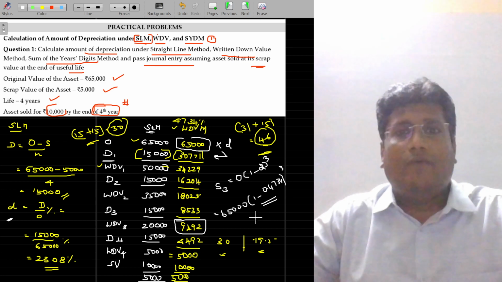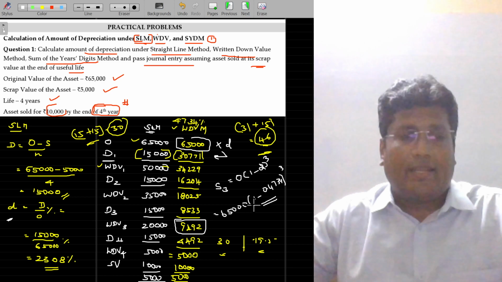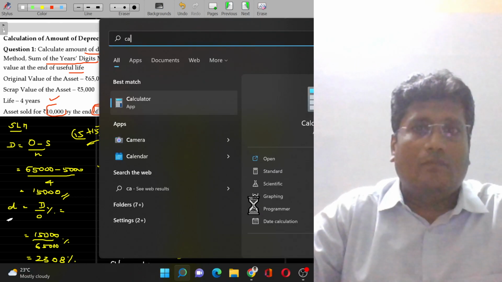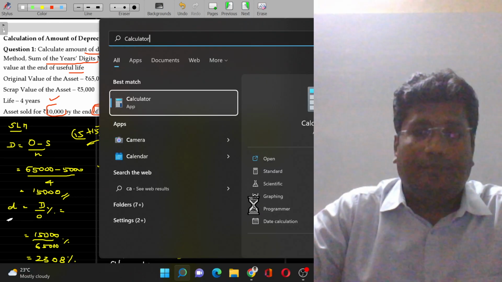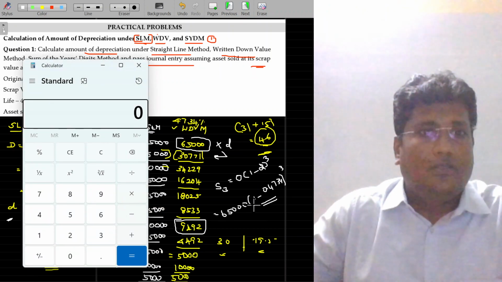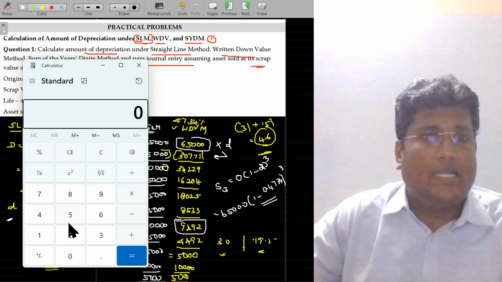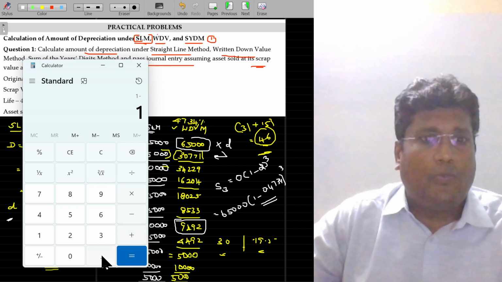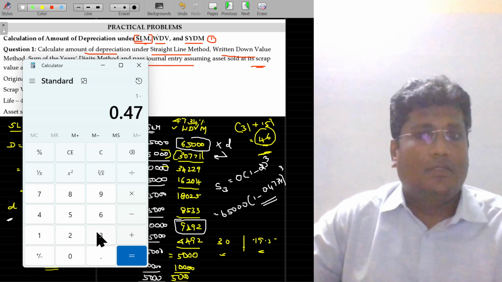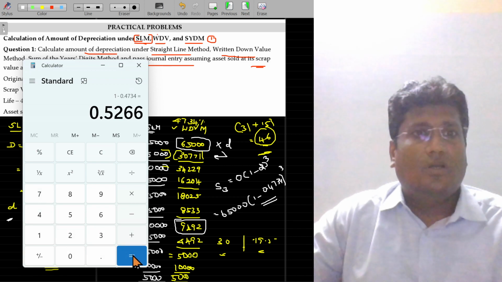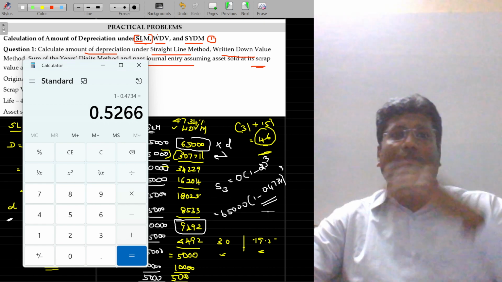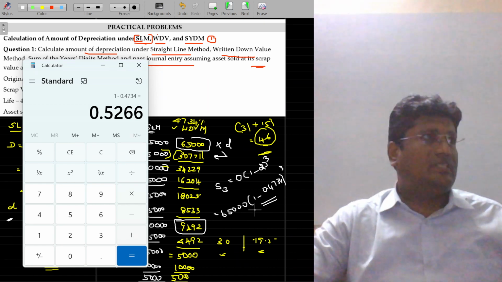How do I calculate the value of this bracket? See, you are using the non-scientific calculator. 1 minus 0.4734. Okay, so the value in the bracket is 0.5266.